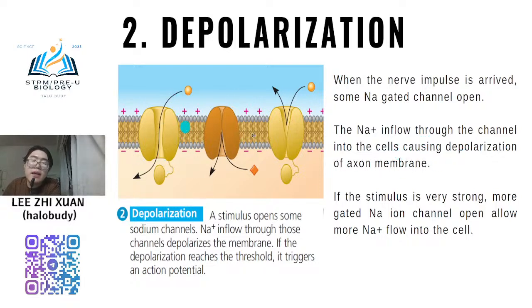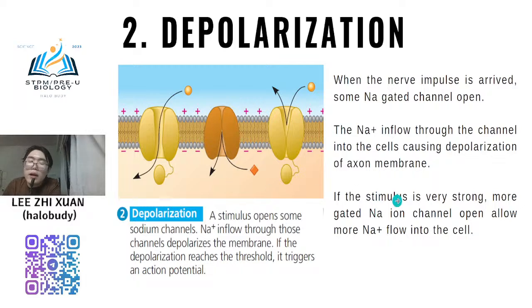Why does it cause depolarization? Because sodium ions are highly positively charged, right? So when they enter the cell, the membrane potential inside the cell starts to increase, because many sodium ions are entering the cell.